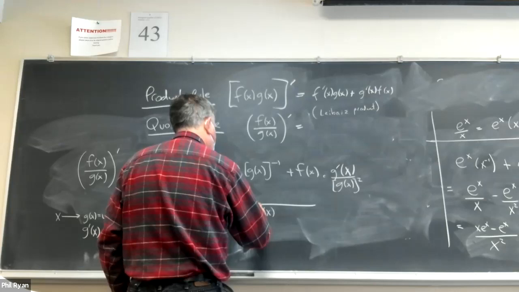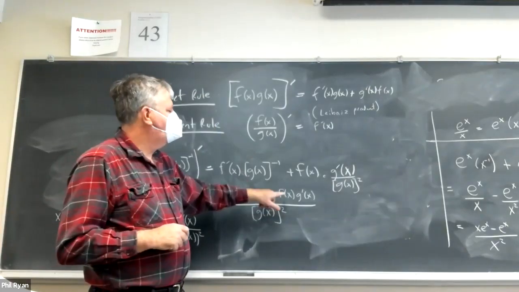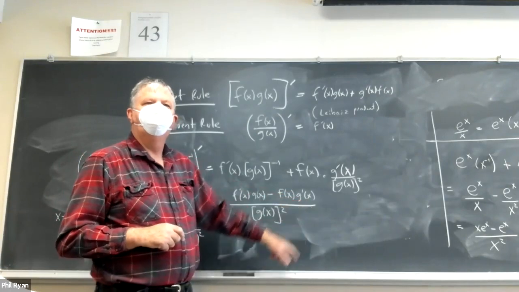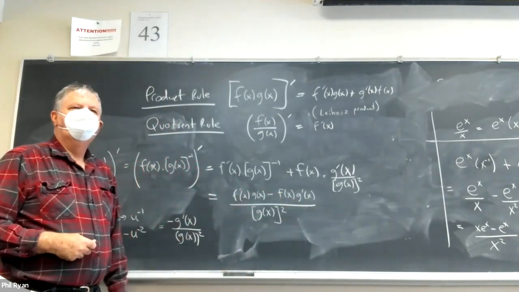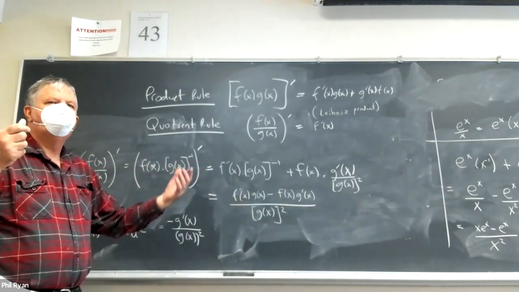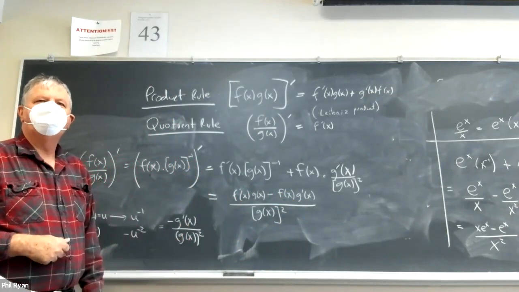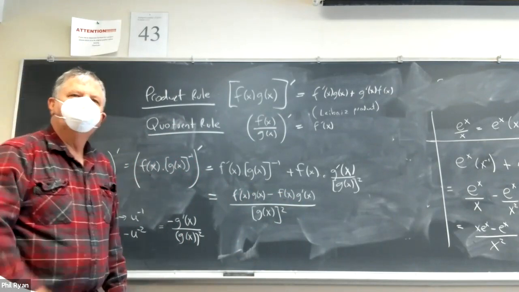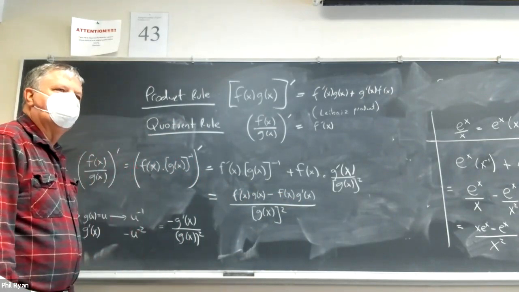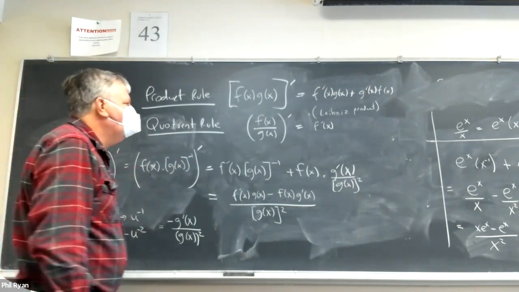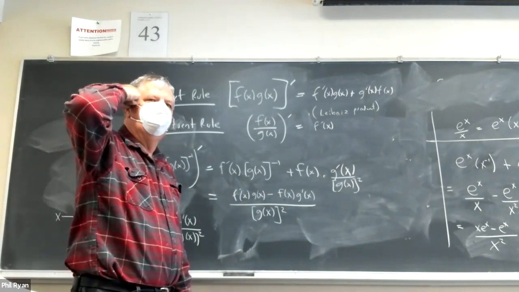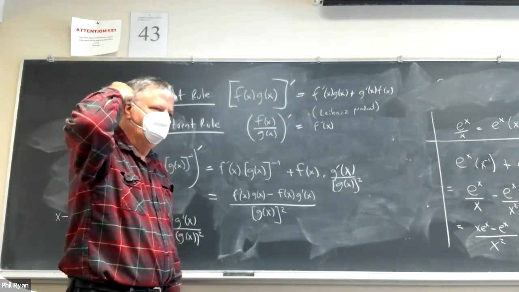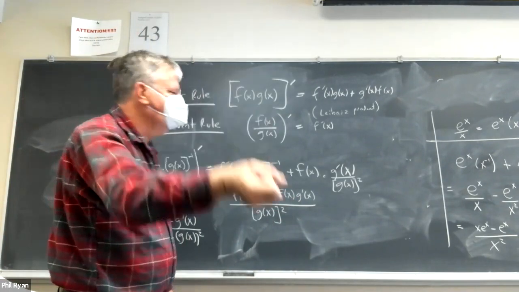So the way you remember is you go low d high minus high d low. And I can always remember that. So that's how I remember the quotient rule. Just remember low d high. And that just starts you off. I find that knowing that, I can then remember the rest, just remembering low d high.